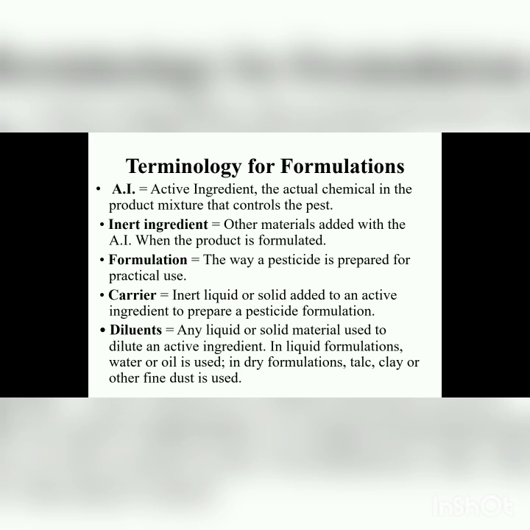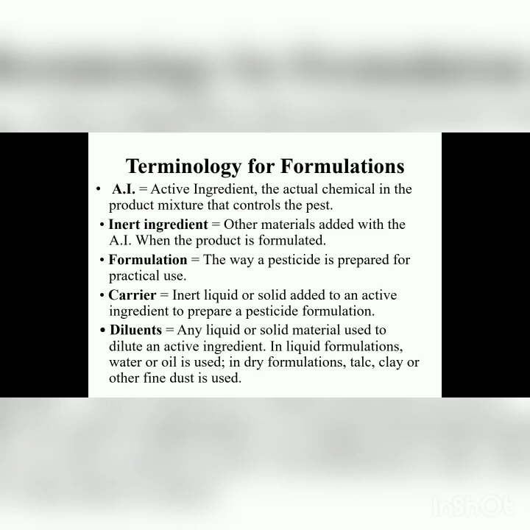Then let's go through different terminology for formulation. First one, active ingredient, which is the actual chemical in the product mixture that controls the pest. Then inert ingredients, the additional materials added with the active ingredient when the product is formulated.